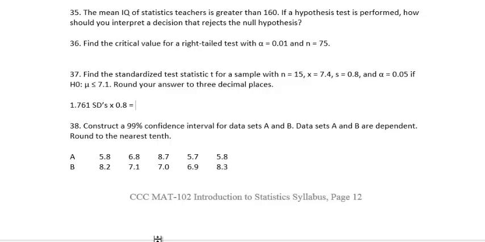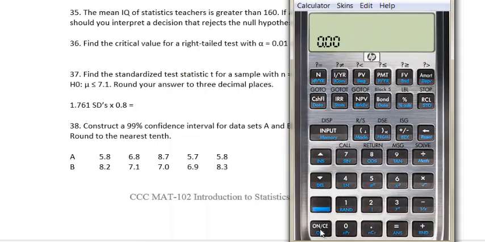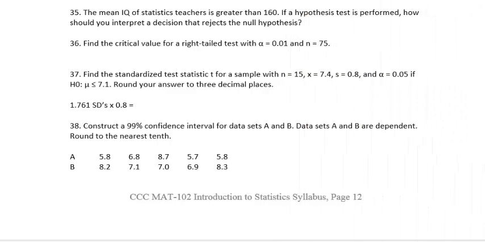I'm just going to multiply it out. Where's a little calculator here? And we've got 1.761 times 0.8. This would be the number of standard deviations away from the mean, approximately 1.41. I think if I did it on my calculator, it comes out to about 1.402 if you round it out to 2 more decimal spots, but it's approximately that.